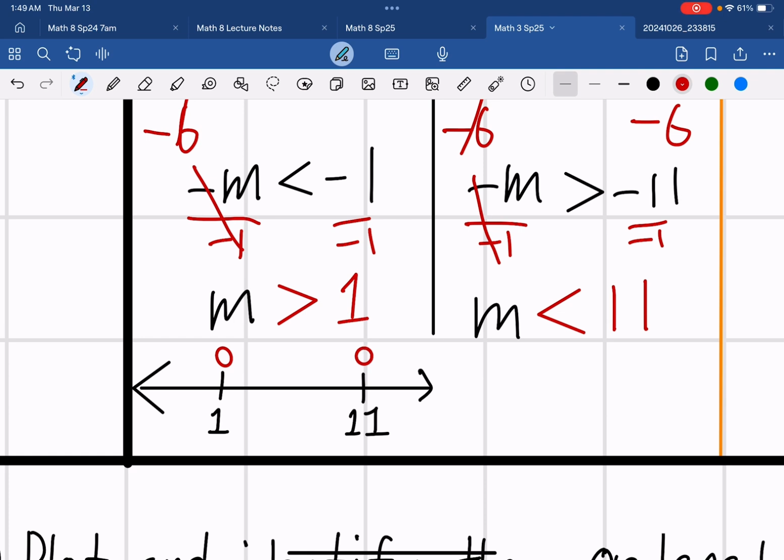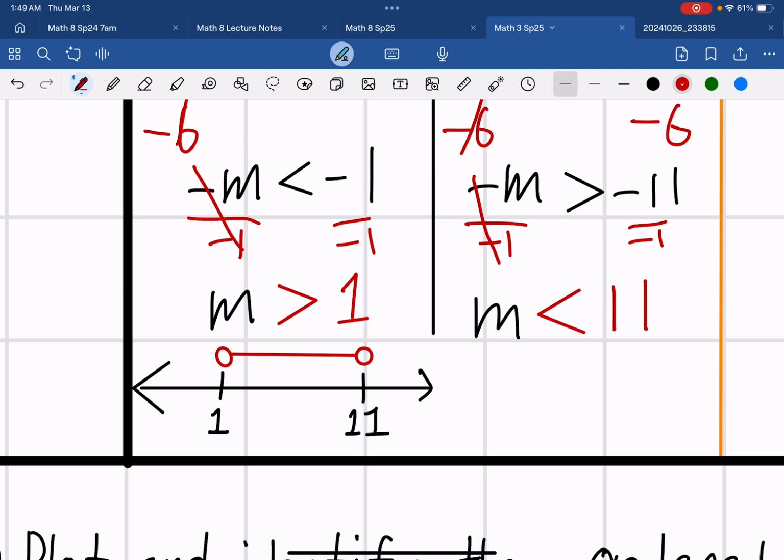If I were to read this, it says m has to be bigger than 1. And where are the numbers bigger than 1? They're on the right. But what are the numbers that are smaller than 11? They are on the left. So that leads me to find that my solutions are actually between 1 and 11.